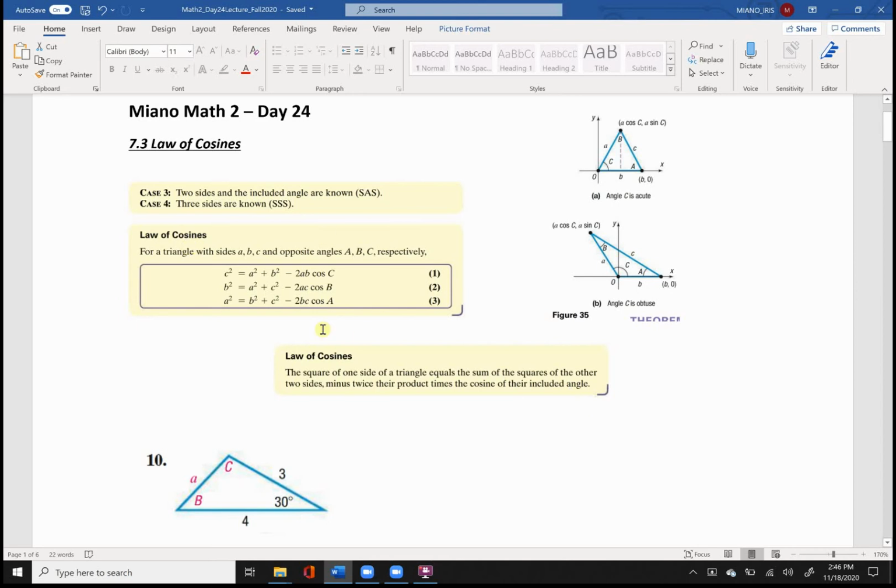So if you don't have any of the angle measures, like in case 4, then your cosine of either C, B, or A, depending on which version of this relationship you're using, is going to be unknown. Otherwise, you will want to use the version in which you have the unknown side length squared, and then you can solve for it.